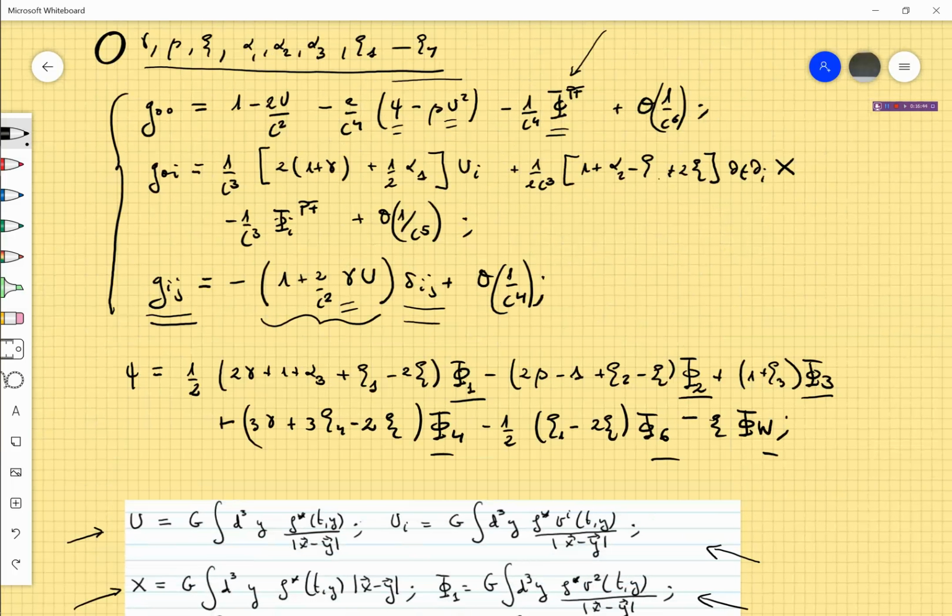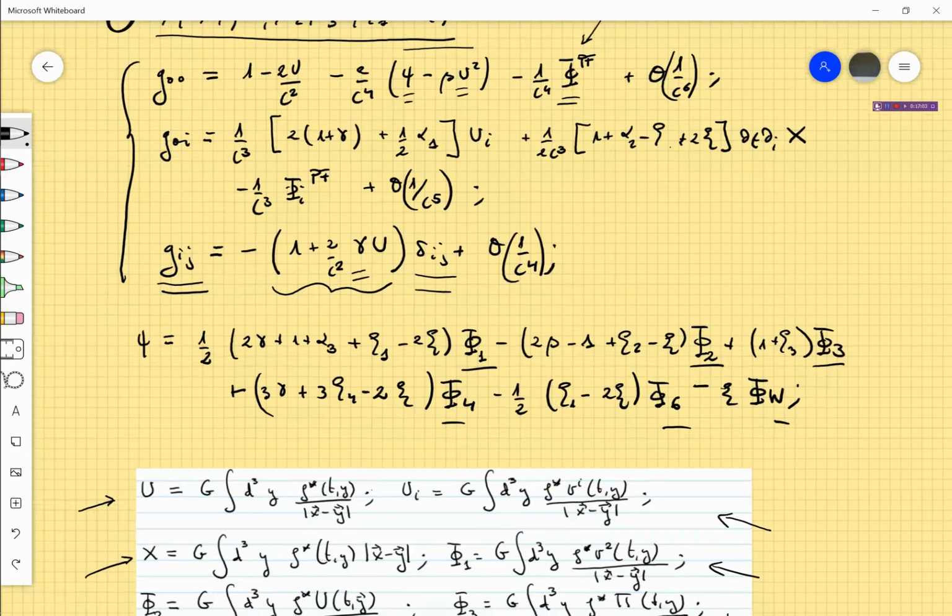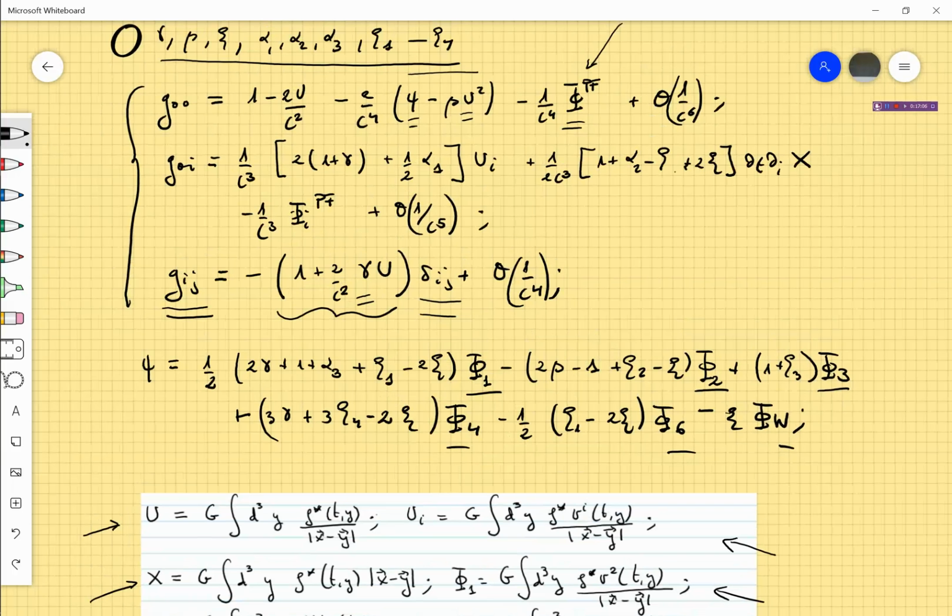You can now find the geodesics and study things like the shift of the perihelion of Mercury or other objects in the sky, or the deflection of light, but always depending on these parameters. If you devise experiments in which you can determine the values of those parameters, you can check if general relativity is right, or you can exclude theories that predict values outside of the range allowed by the experiment. So that's the idea.